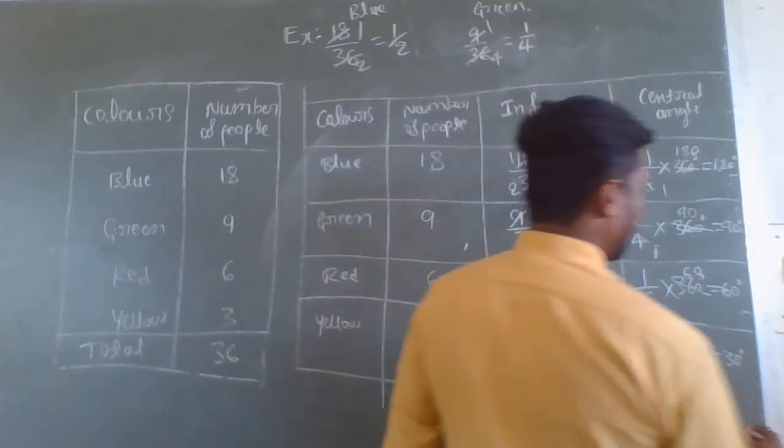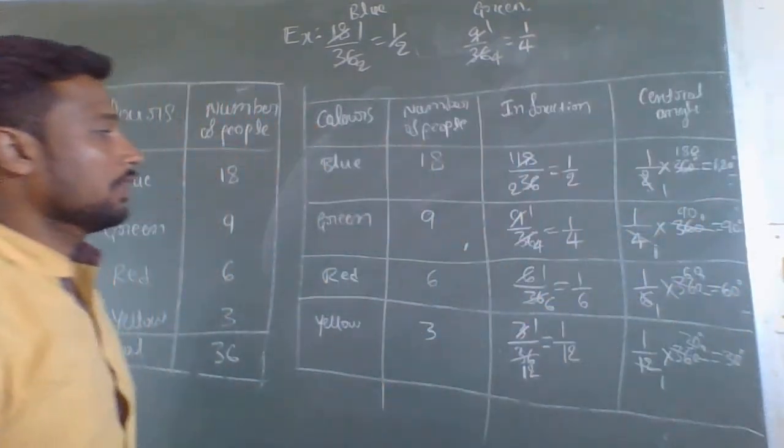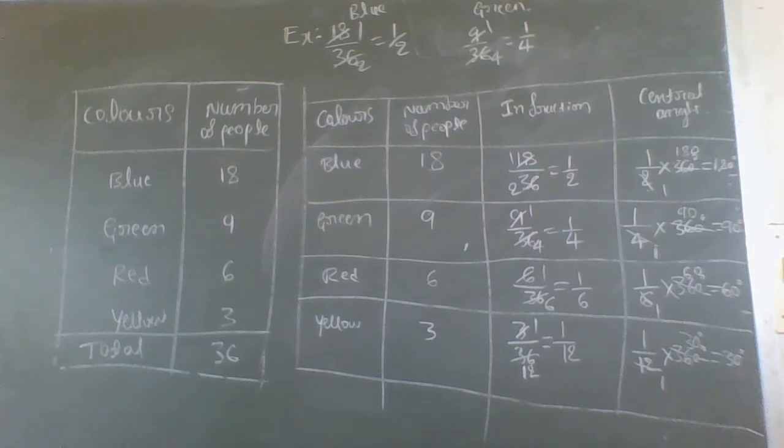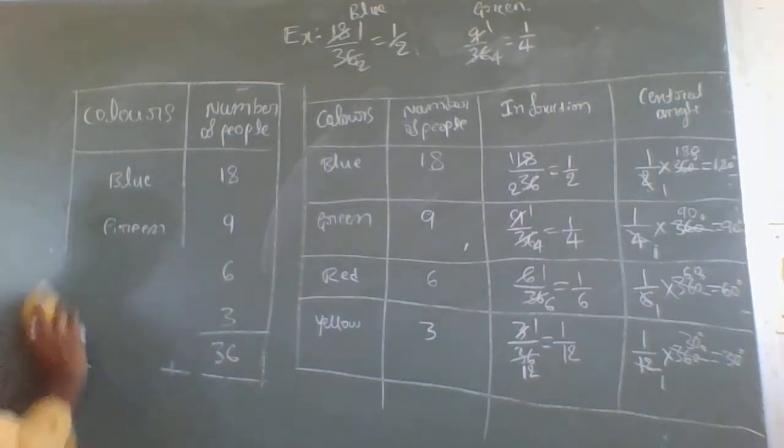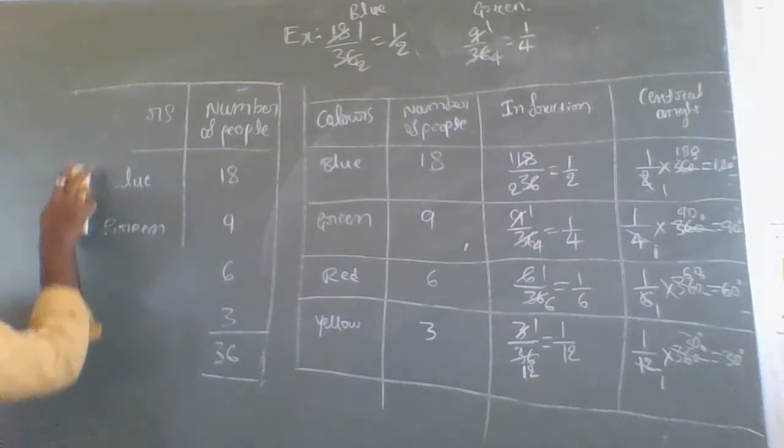So now we got the central angle values. Now we can draw the pie chart for this. This table is given in the question only.